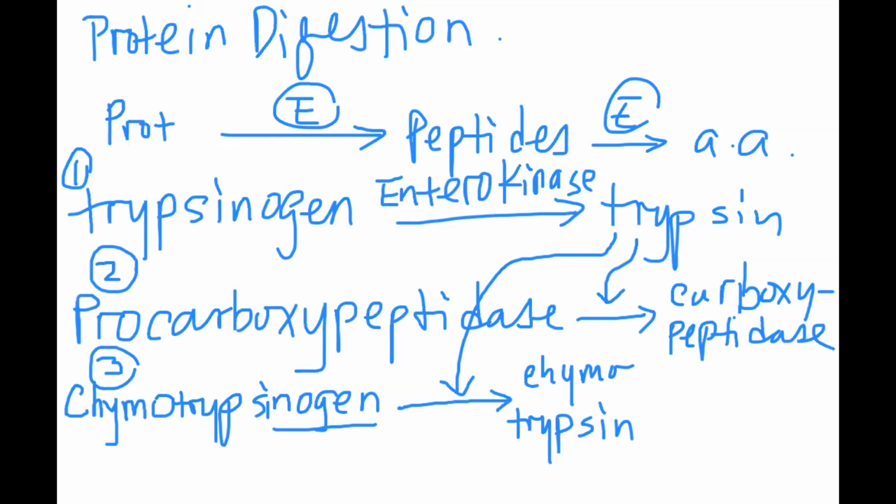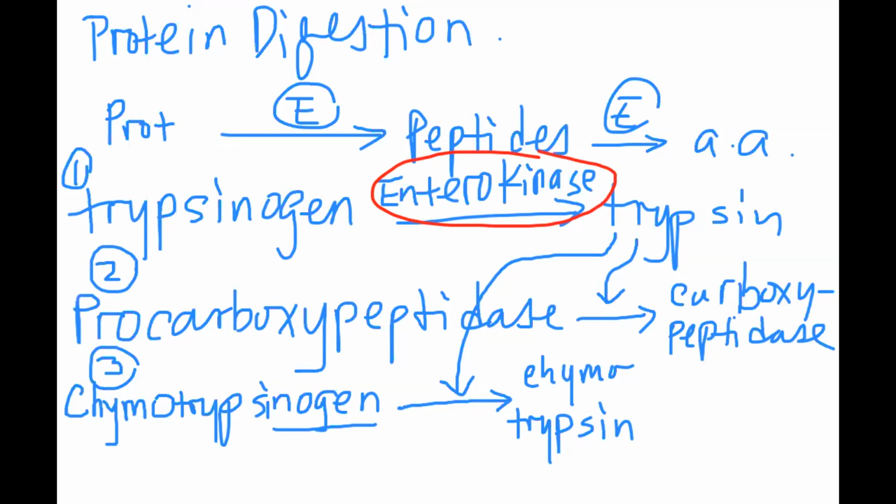And then now you have these three, trypsinogen, procarboxypeptidase, and chymotrypsinogen. These three are from the pancreas. Okay, now this one, maybe let me change the color. This one, enterokinase, is an enzyme made in the small intestine.